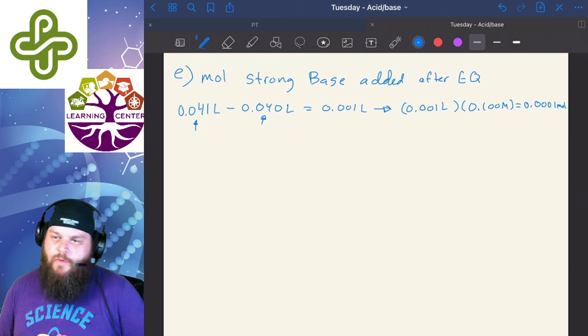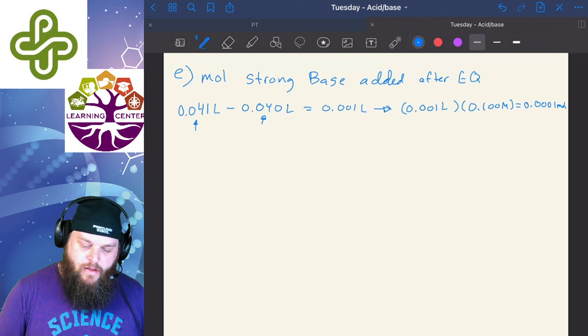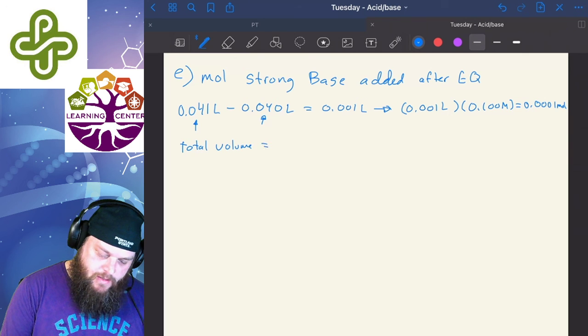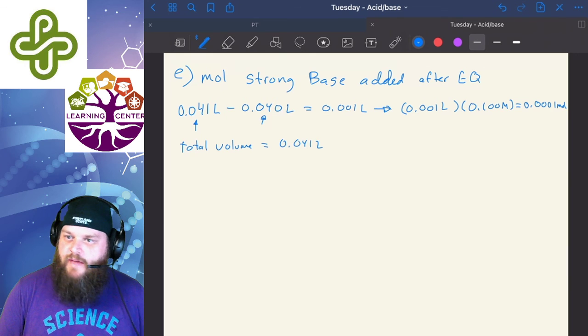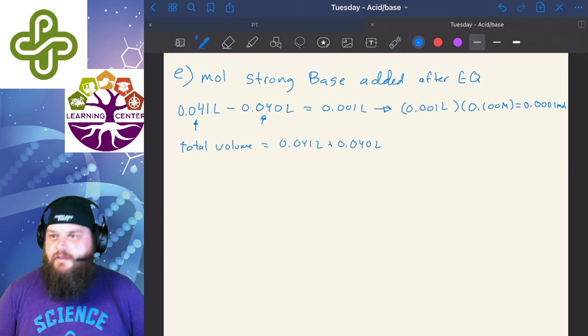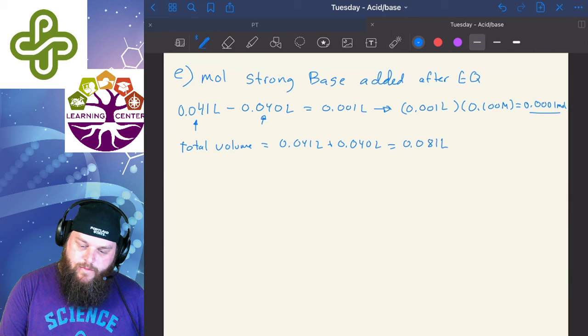And that's how much mole of strong base we've added to the solution after the equivalence point. The total volume is equal to 0.041 liters. That's how much KOH we've added, plus the 0.040 liters of the initial acid solution, which is equal to 0.081 liters.